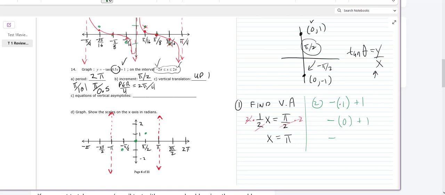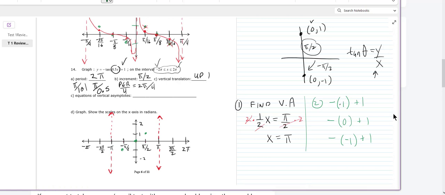And then you're going to do a negative of -1 plus 1. Okay, now see, the thing on this is we've already done the tangent of 0.5x. When we do the tangent of 0.5x, we're going to get the 1 and the 0 and the -1. So we just need to factor in the reflection and the up 1 thing.